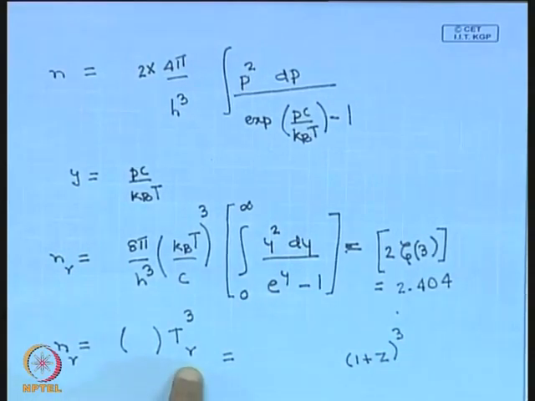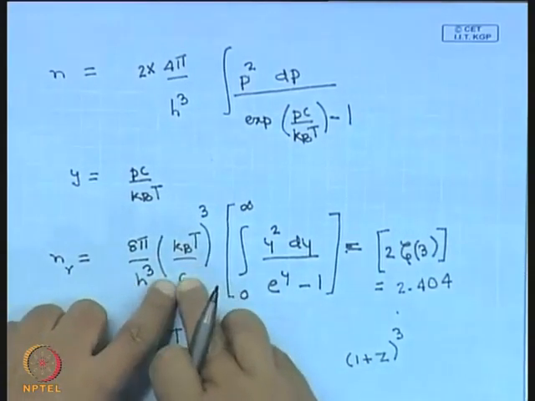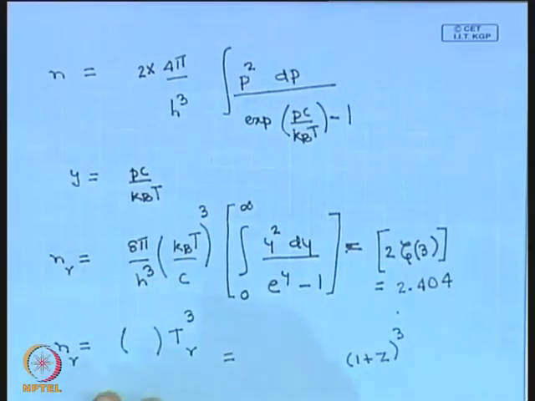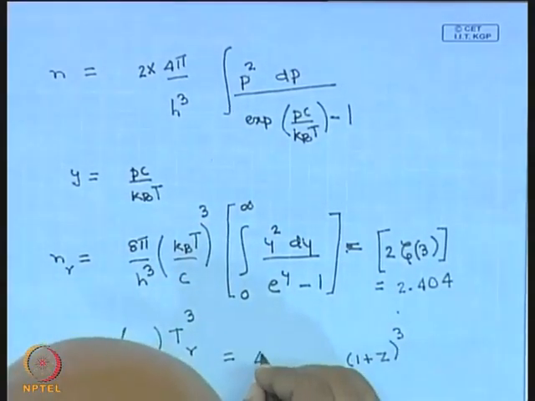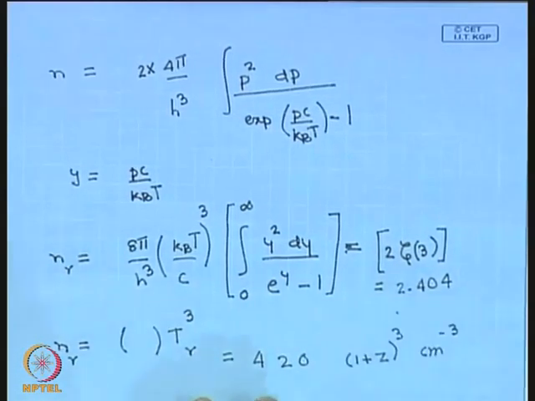So if you put in the present value of the temperature and put in all these constants, 8 pi, h cube, kb, c cube, into this number, which is 2.404, what you get is that the number density of photons is 420 (1 plus z) cube centimeter minus 3. So there are 420 CMBR photons in a centimeter cube of volume present in this room or anywhere in the universe. Okay, 420 CMBR photons at redshift 0.